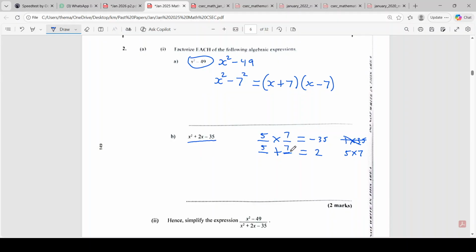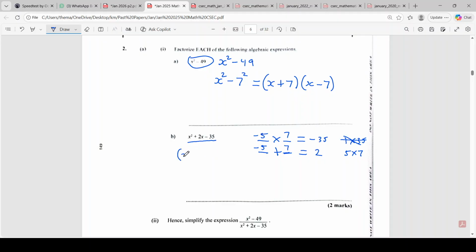Now we have to look at the signs. We want negative 35, so one of them has to be negative. But which one? We want a positive 2, so the bigger number has to be positive and the smaller number has to be negative. Once you determine those two numbers, since A here is 1, this is your answer one time.